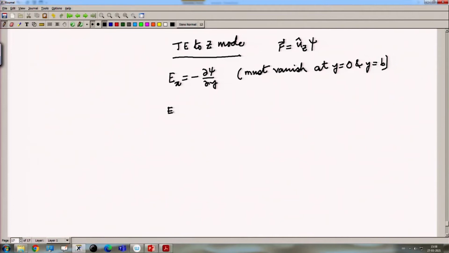Similarly, we have Ey as del psi del x, which must vanish at x equal to 0 and x equal to a.